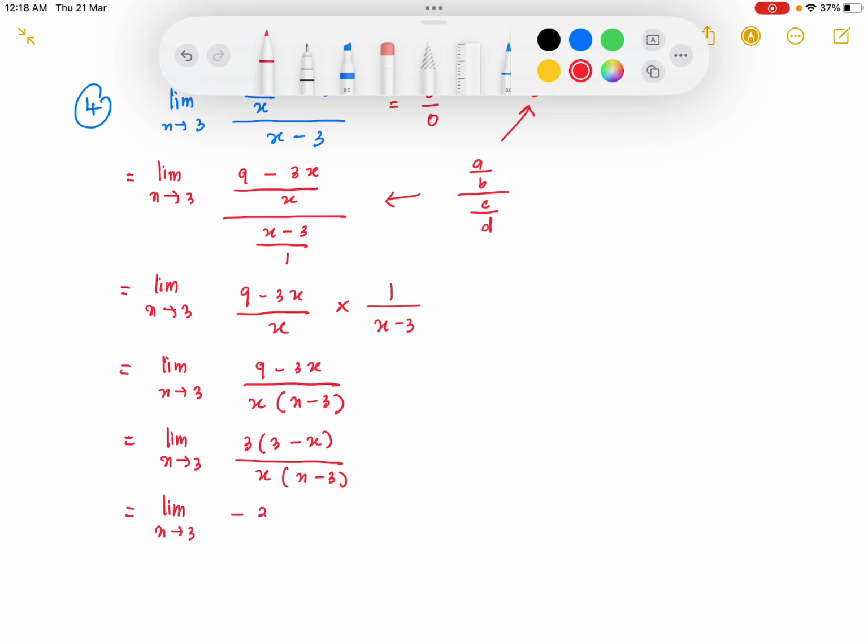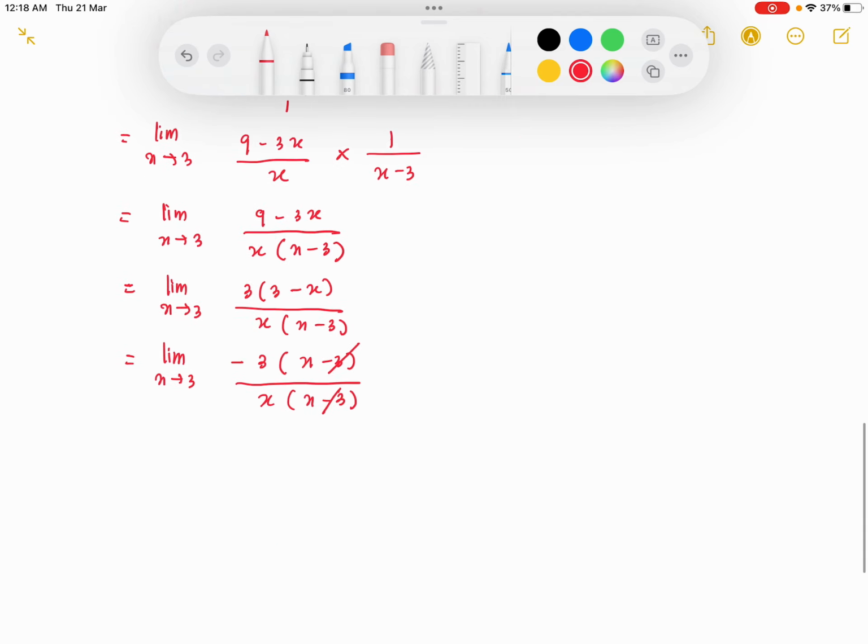We get negative 3 times (x minus 3) over x times (x minus 3). And then we can cancel out x minus 3. So we get the new function negative 3 over x. And then last step, just substitute x equal to 3. So the final answer equals negative 1.